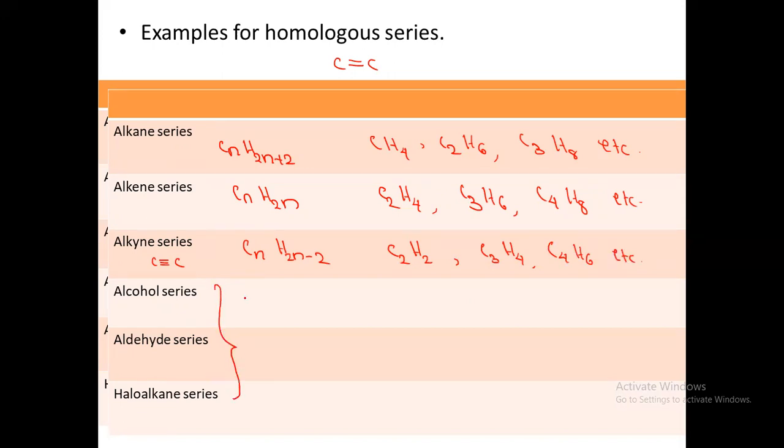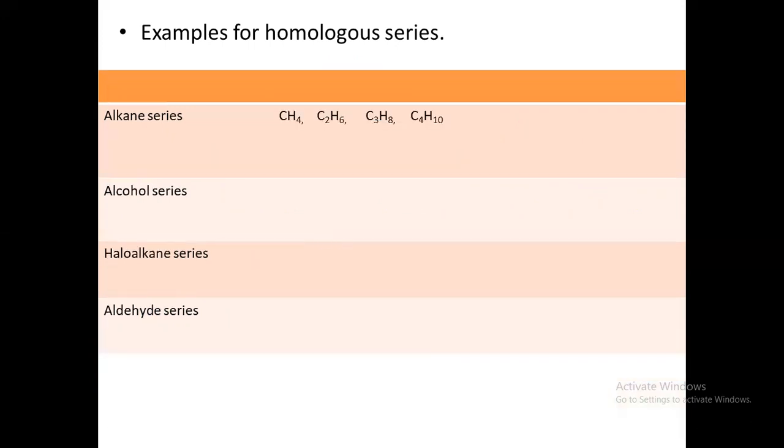Then you can also write a homologous series with a functional group. Now we'll see how to write a homologous series of a functional group. You just remember the alkane series, where all the bonds are single bonds and one carbon is surrounded by four other atoms. In an alkane, you'll find only carbon and hydrogen.